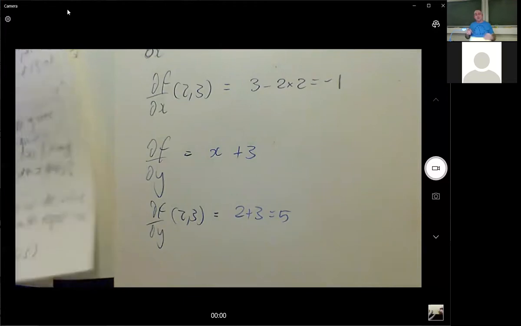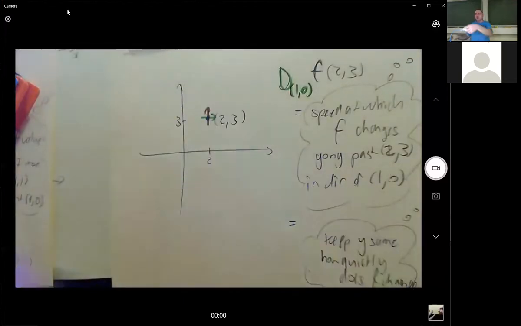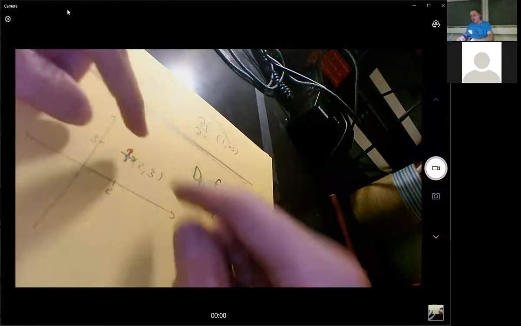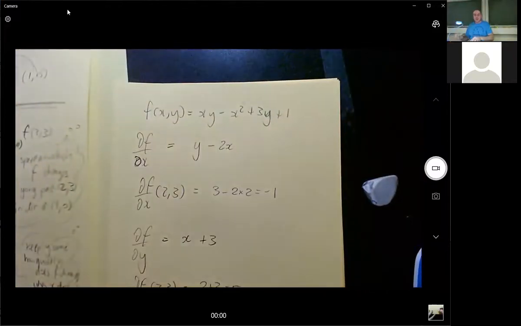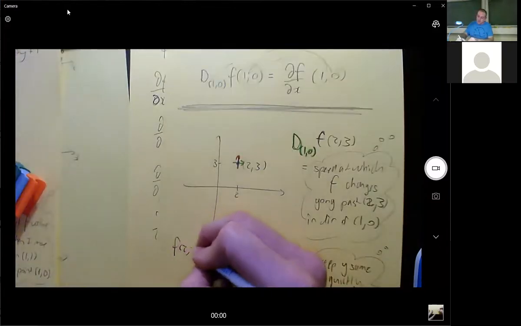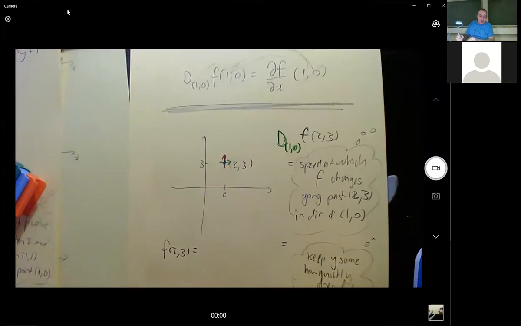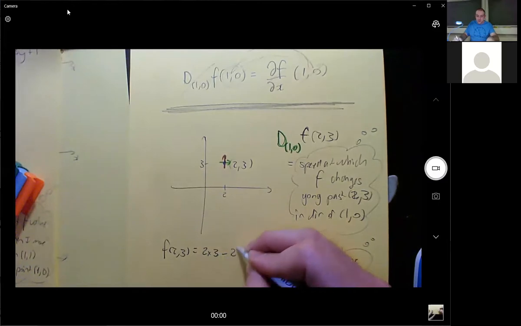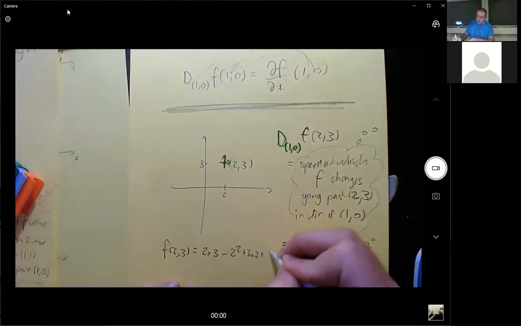And is this a slope? So negative 1 and 5 are slopes. But they are not slopes on this diagram. They are slopes on this diagram where the surface is. So what is the height at this point? Just let me figure that out. Out of interest, I'm just going to figure out what f of (2, 3) is. f of (2, 3) is 2 times 3 minus 2 squared plus 3 times 3 plus 1.